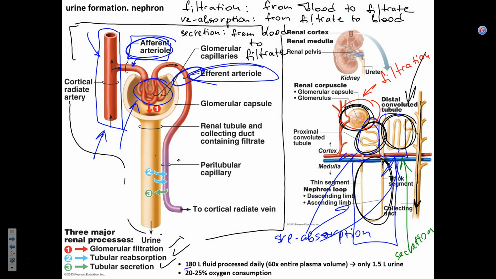Efferent arteriole, blood pressure is pretty high. What about blood pressure in the glomerular capillaries? That's a simple question. Should be high. Well, higher than regular capillaries, right? It turns out to be true. And if you think about the function of glomerular capillaries, it makes perfect sense. What happens here?